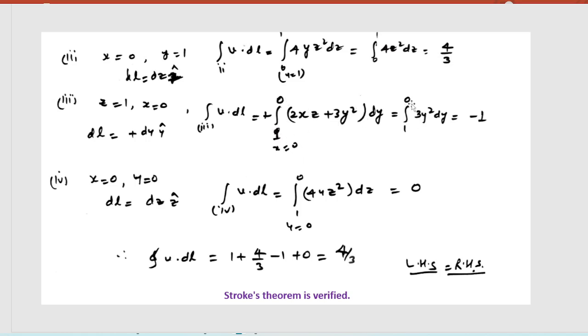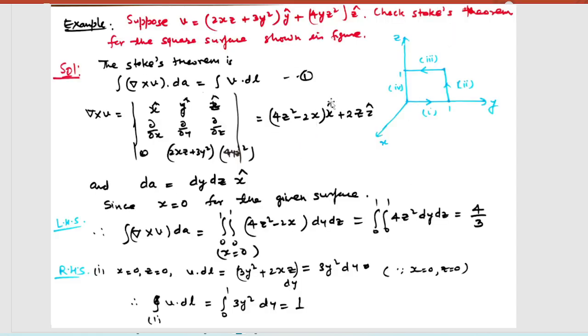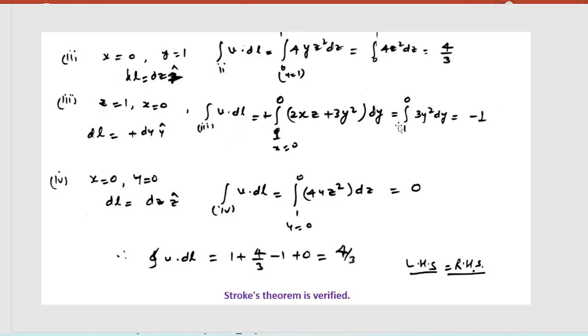So from 1 to 0, 3y square gives us 0 minus 1, that is minus 1. The fourth is going 1 to 0 again. We do not take this as minus z, but we take the limits from 1 to 0, 4yz square, and it gives us 0 also. So if you add all four line integrals, it is 1 plus 4 by 3 minus 1 plus 0, that is 4 by 3.